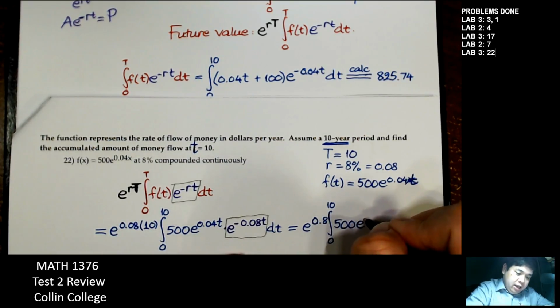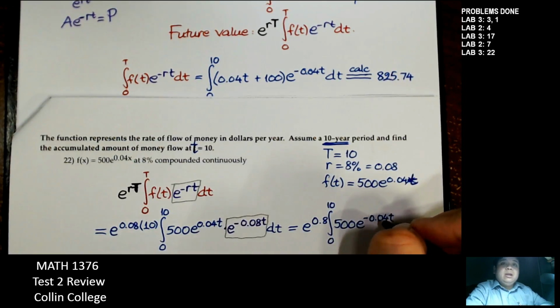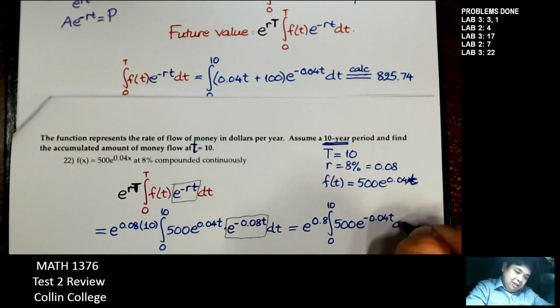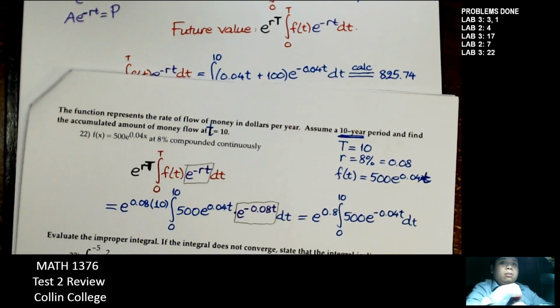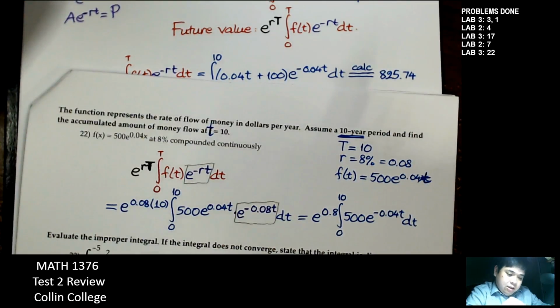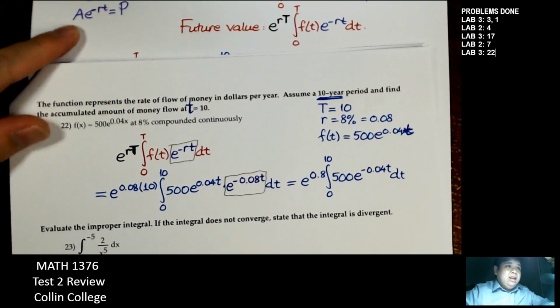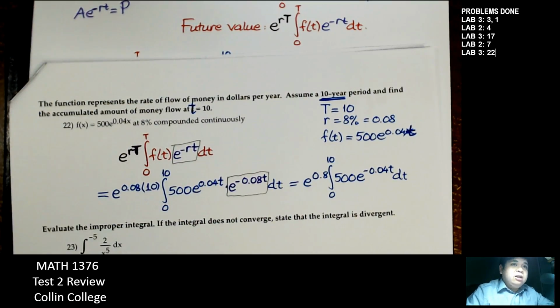So we have negative 0.04t, dt. Pretty much just that, and just calculate.